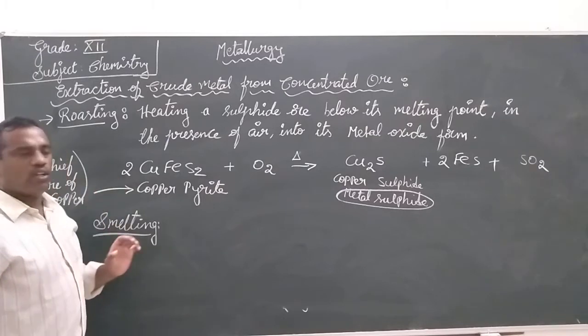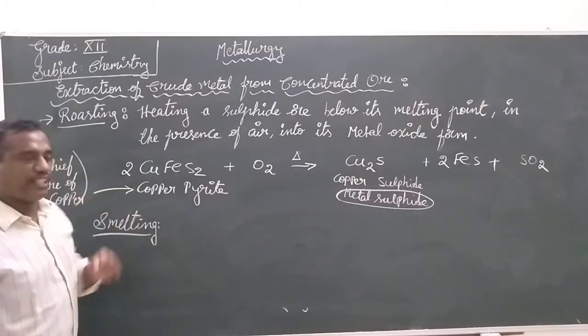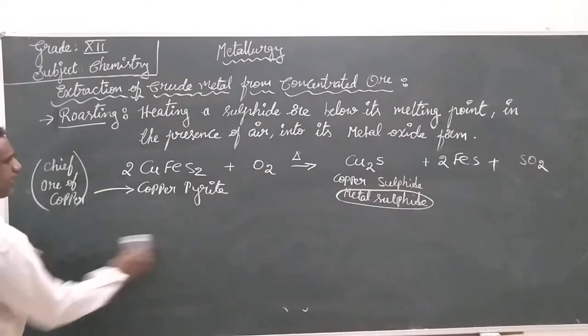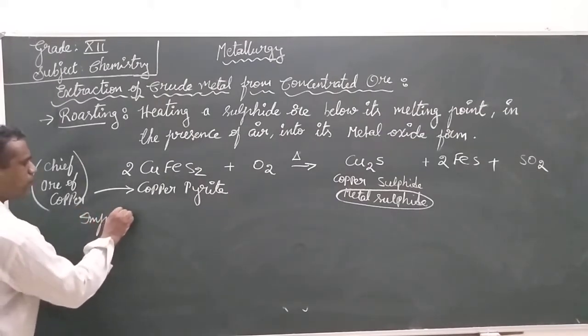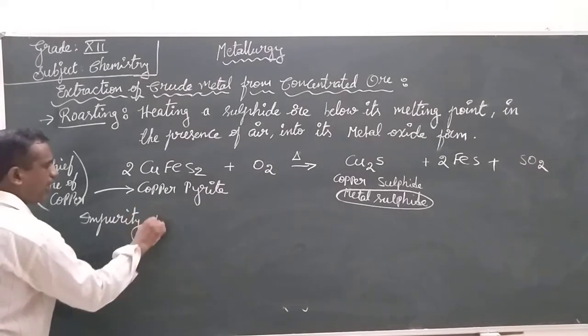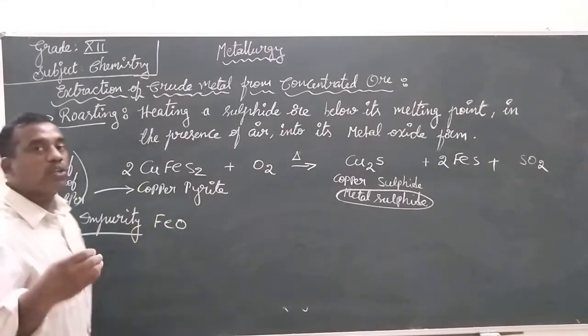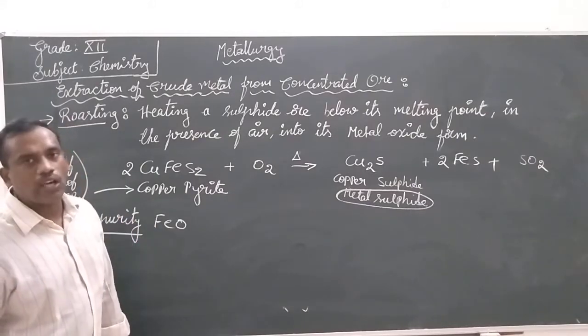In this ore of copper pyrite, there is an impurity. What is there in the copper pyrite? The impurity present in the copper pyrite is FeO, iron oxide.